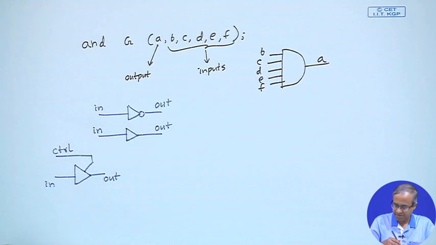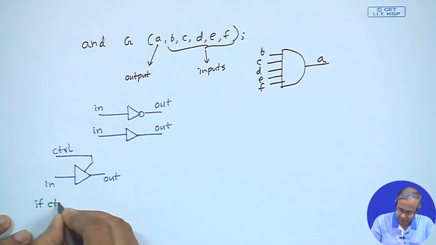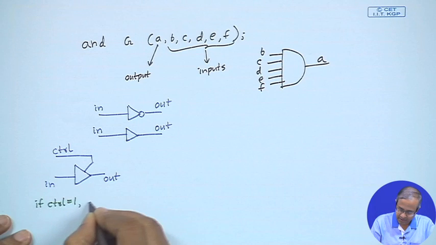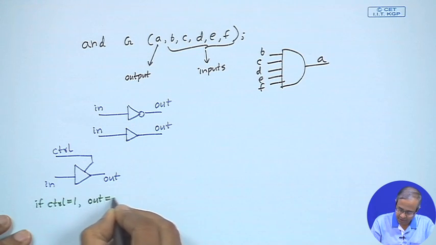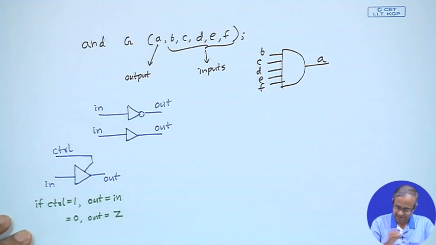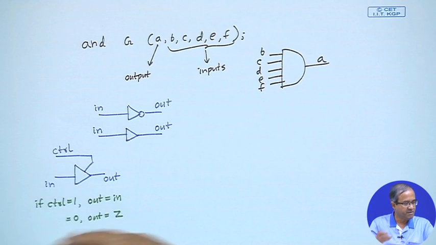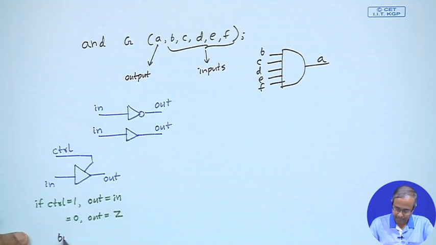The behavior is, if your control is 1, then out will be equal to in. If control is 0, then the output will be tri-state, it will be in the high impedance state. This is your buff if 1 gate.